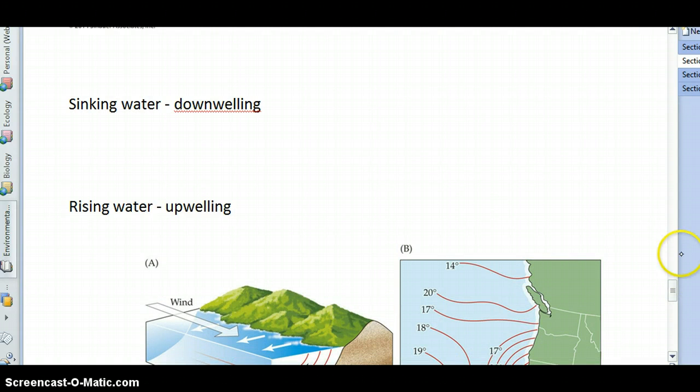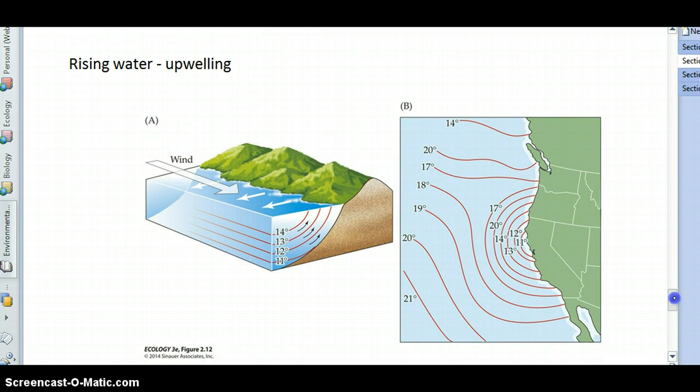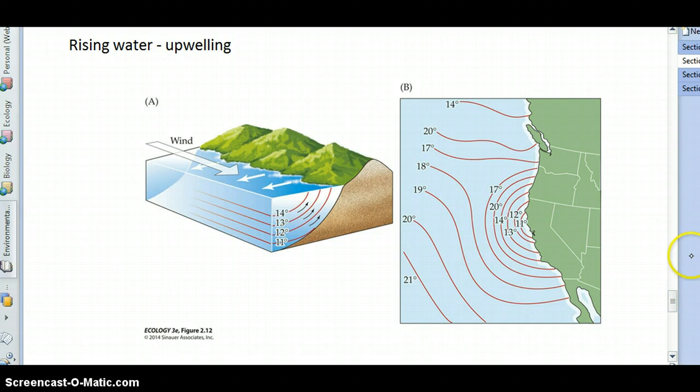Okay, so the wind mostly is blowing around this surface water, but you do get times when deep water mixes with shallow water, either by the surface water sinking or the deep water rising, either a downwelling or an upwelling. You get upwellings where deep water essentially is being drawn into and runs into the land and rises.